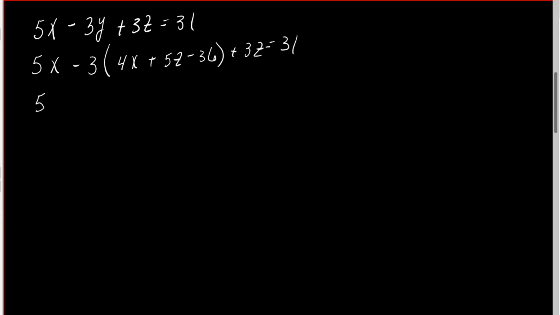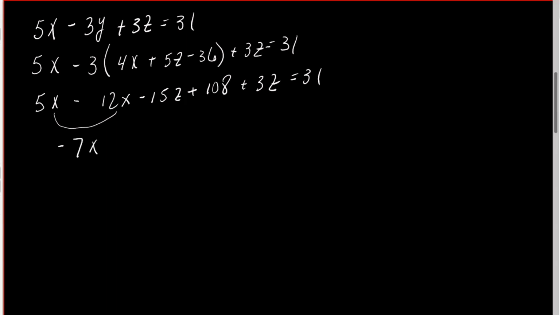Let's distribute. So it'd be 5x minus 12x minus 15z plus 108 plus 3z equals 31.